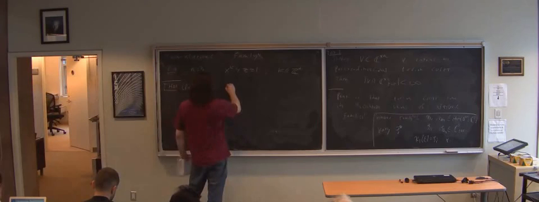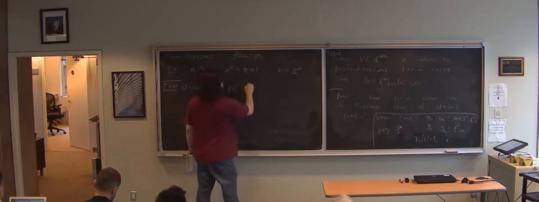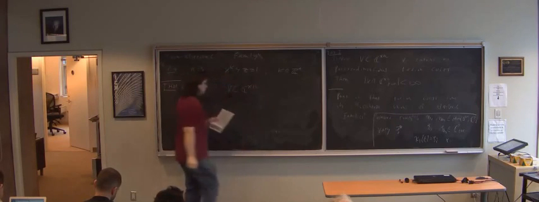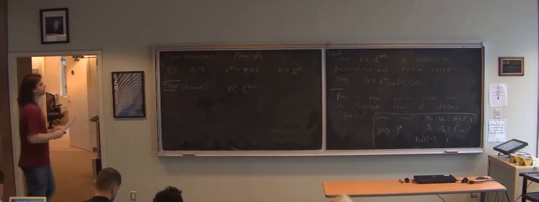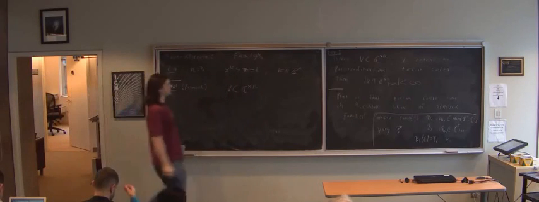So it's the following. Suppose you have V in C star to the n, some algebraic variety.